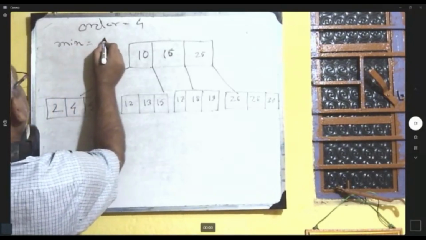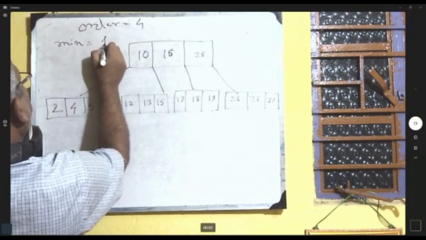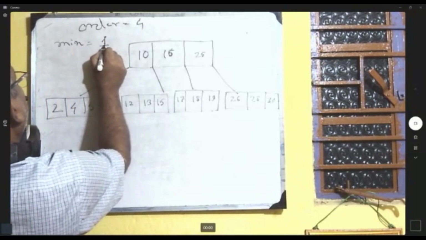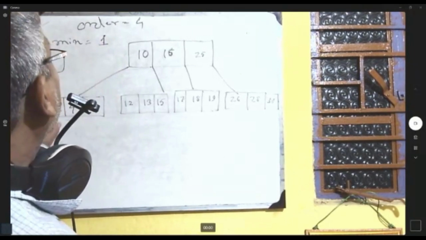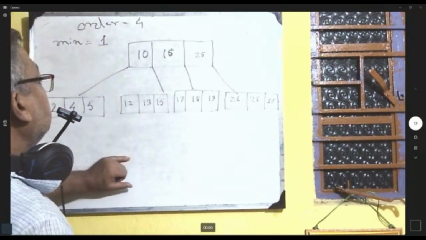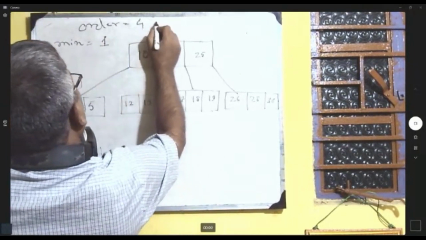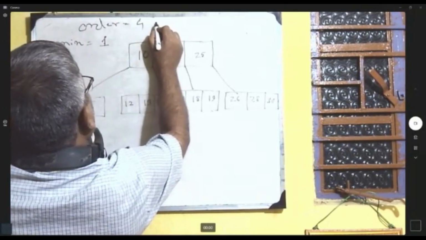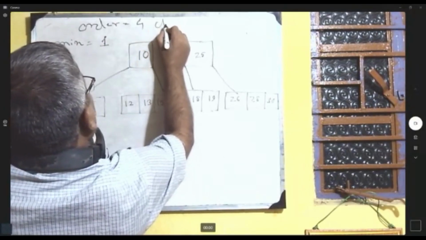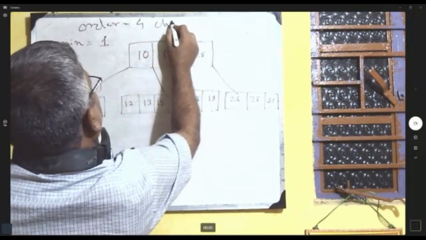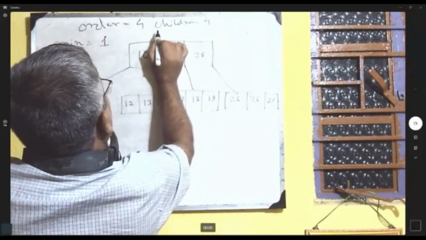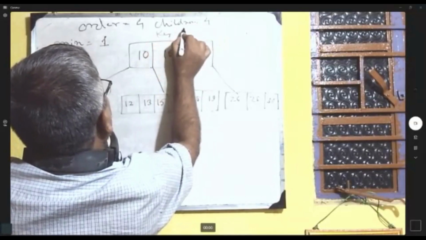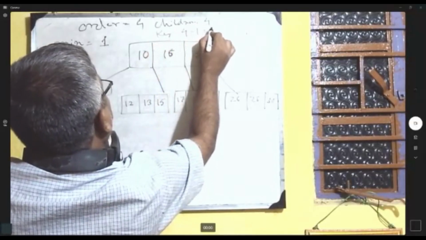Minimum key we have already shown that minimum key is 1. And why does this minimum key 1 come? Because the order is 4, so the children is 4. Key is 4 minus 1, that is 3.